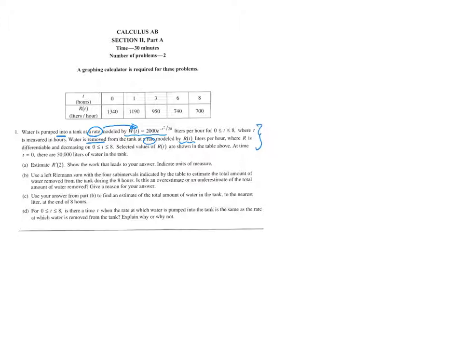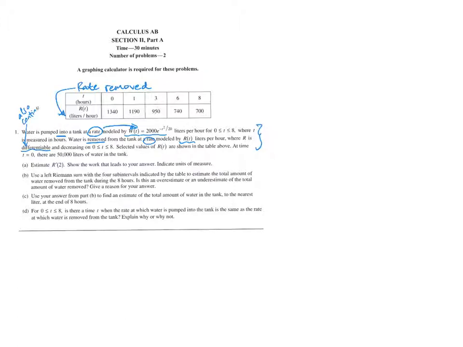So this R of t represents the rate removed. So a little text marking goes a long way. All right, keep reading. R is differentiable and decreasing. So the fact that it's differentiable means that it's also continuous, right? Because differentiability implies continuity.